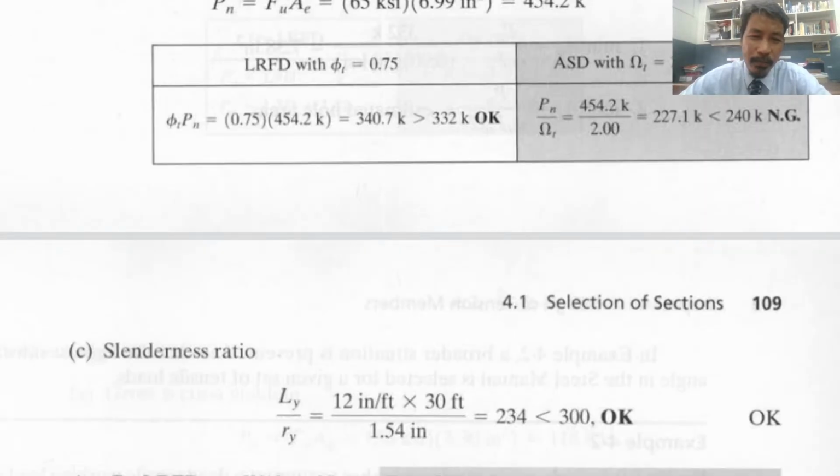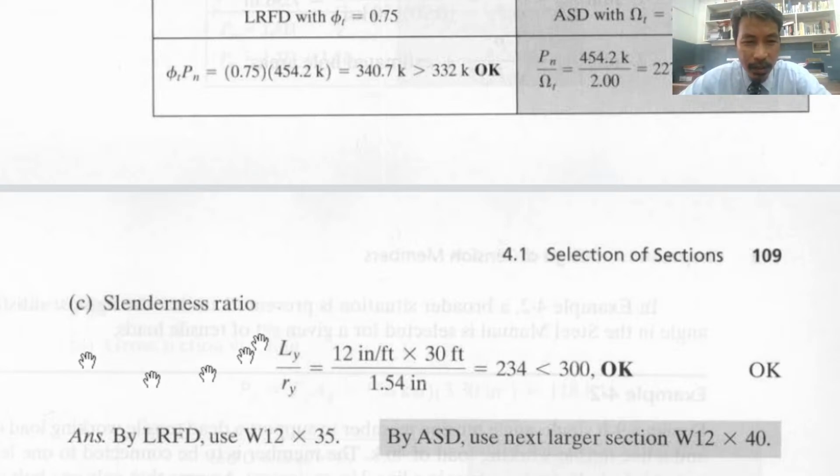Now, new concept. This is a new concept. Slenderness ratio. Okay? So, this is the first time we are going to do this. What is slenderness ratio? Okay? Ly over Ry. So, Y meaning axis.